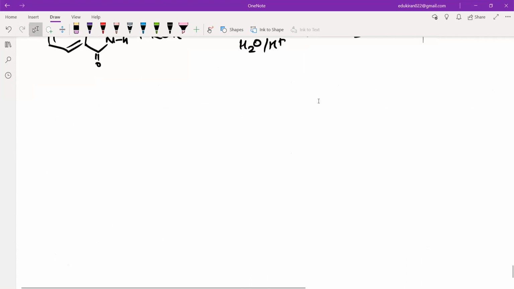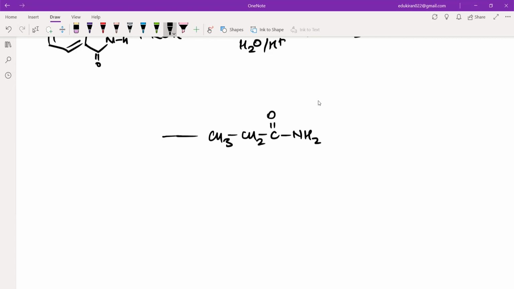Next important one is, if you have CH3CH2C double bond O and NH2. So this is an amide, which has 3 carbon atoms. So from this amide, I can go and form CH3CH2CH2NH2, that is amine with 3 carbons, by using LiAlH4.